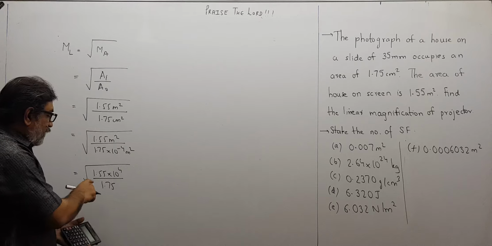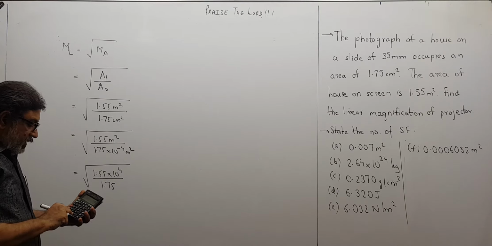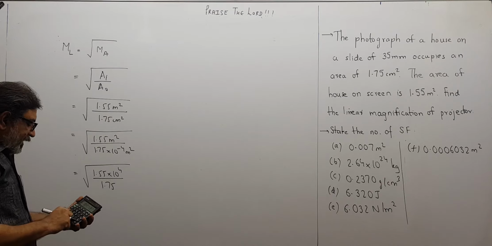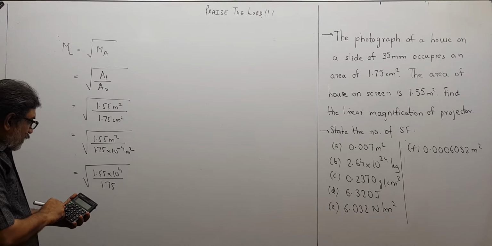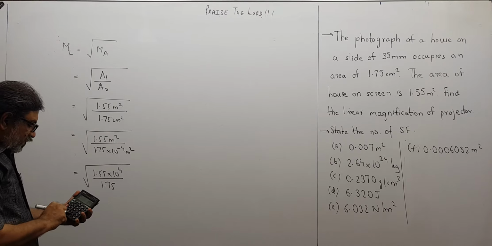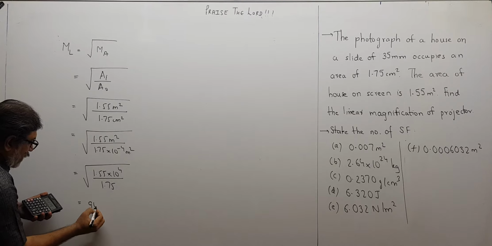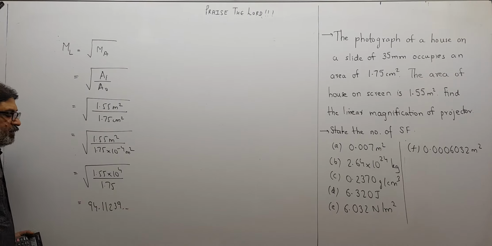So see, 1.55 divided by 1.75 into this 10,000, and then its root. So this is coming out to be 94.11239 something like this.